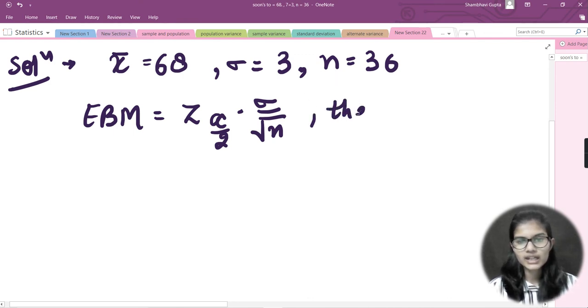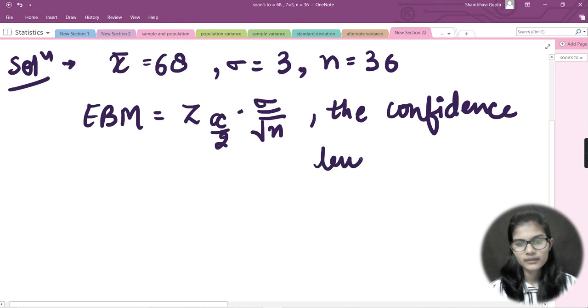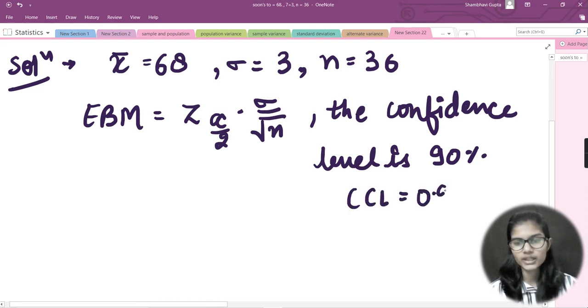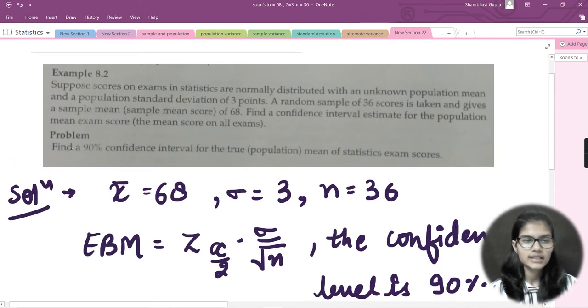And I also know that the confidence level is 90%, which in brackets I can write as CL is equal to 0.90, right? We know this because it is written that we need to find the 90% confidence interval.